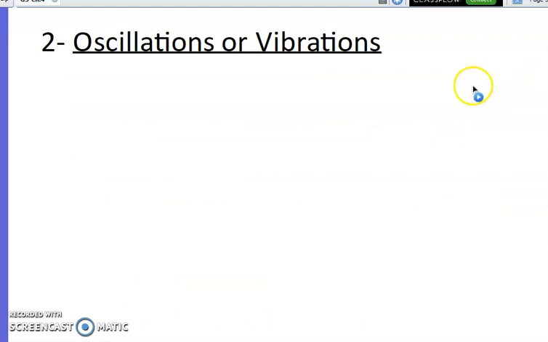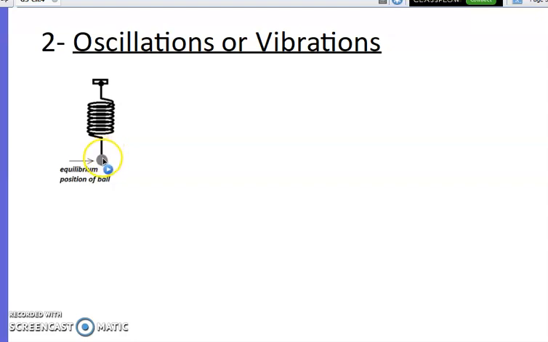Now, what is oscillation or vibration? Let's take this elastic spring, a vertical spring. Now we suspend from this vertical spring a small particle and it is at rest. Now this position of the particle is called the equilibrium position. Clear? Because here the sum of forces is 0 and the particle is at rest.